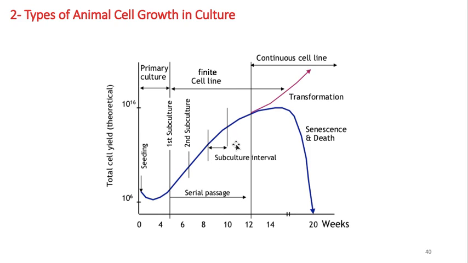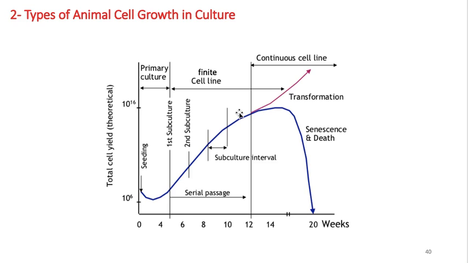So these cell subcultures constitute the finite cell lines, and at every time interval, each 2 days or 4 days depending on the cell type, we have to subculture these cells to put them in a continuous culture or subculture.